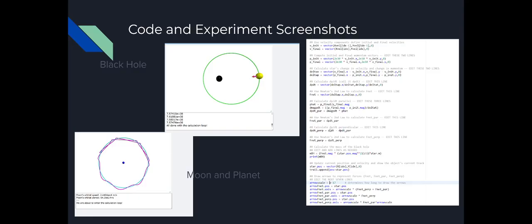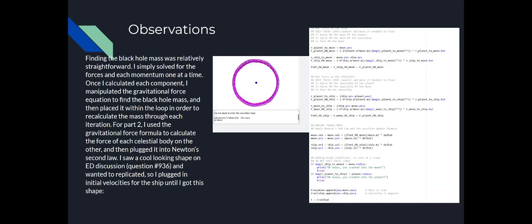And then using that, I was able to create an equation, which I can show you in the slide after this, that allowed me to find the mass of the black hole. And then I just had it loop through and recalculate and print it, which is already in the program. And basically printed out the mass.